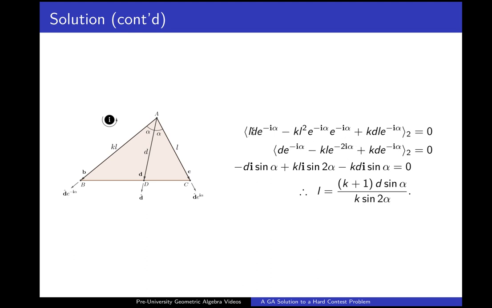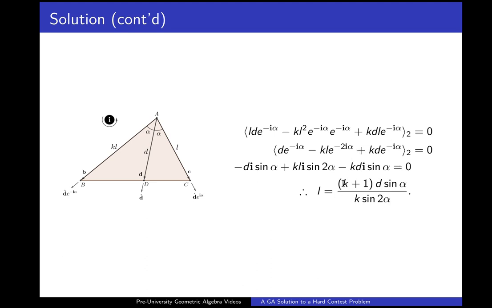If we factor out the L here, we end up with this bivector part expression. And then we notice that the bivector part of e to the minus I alpha is negative I sine alpha, negative I sine 2 alpha, and negative I sine alpha again.